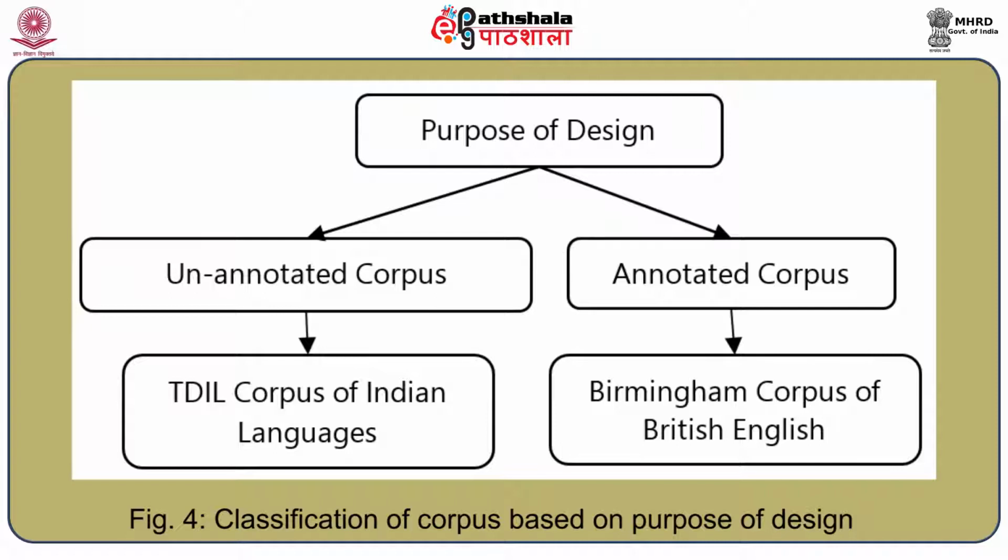A good example of an unannotated corpus is the TDIL corpus of Indian languages, because nothing in this text is annotated at any level. Whereas an example of an annotated corpus is, say, the Birmingham corpus of English texts.